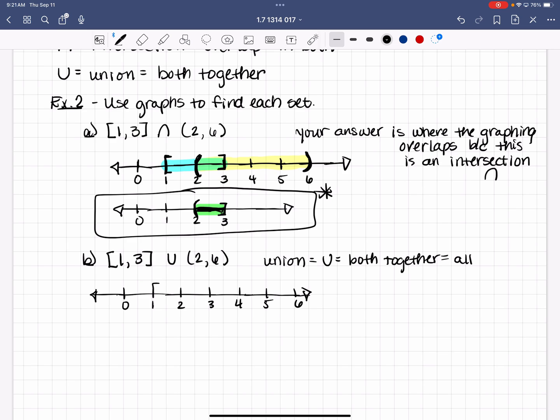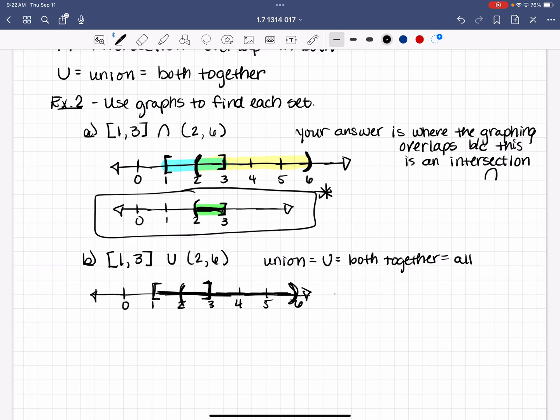And I've got my 1, 3, okay? And that's this chunk. And then I have my 2, 6. And that's all of this together. And we want the union, so we want everything that's shaded.